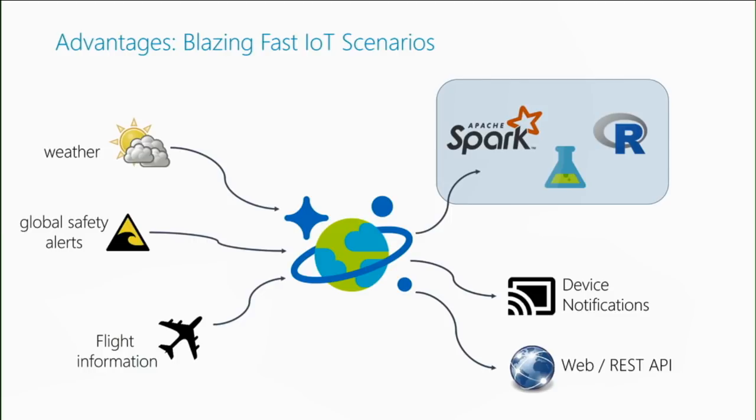For IoT scenarios, you have highly concurrent ingestion of data, let's say weather data, safety alerts, flight information that can all be sent over to a persistent data store like Azure Cosmos DB, and then can be relayed over to your device notifications, some type of web REST API. Let's say if you have an application that uses this, and it could also be shipped over to your Apache Spark or Azure Machine Learning for insights and data science purposes.